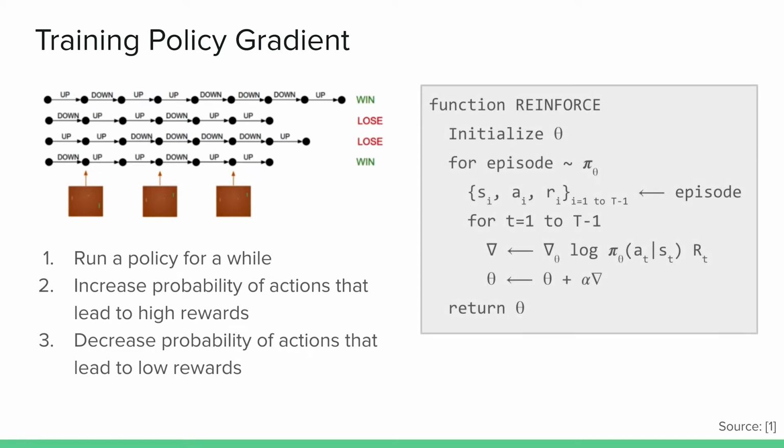So how does this look in code or in pseudocode? The function REINFORCE goes in the following way. We initialize our model parameters, our policy, and then we run this policy. And each run here is called an episode.